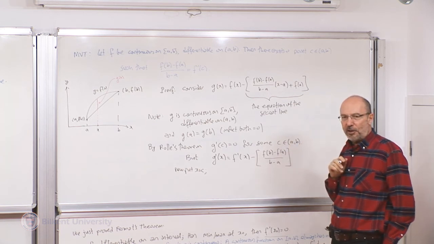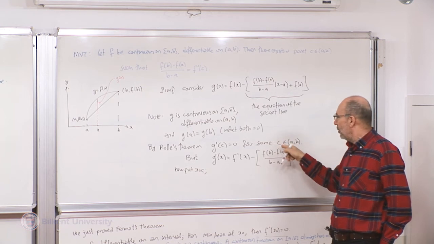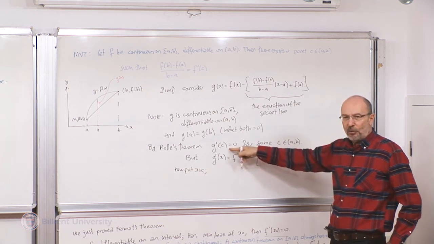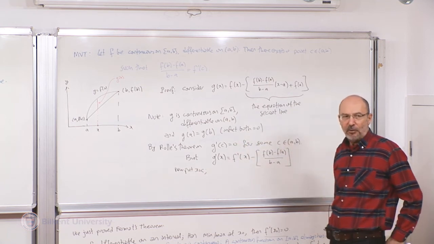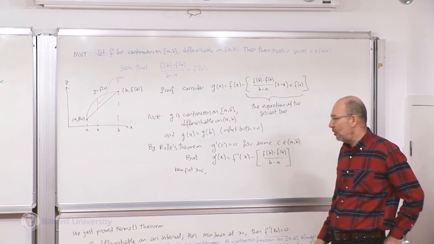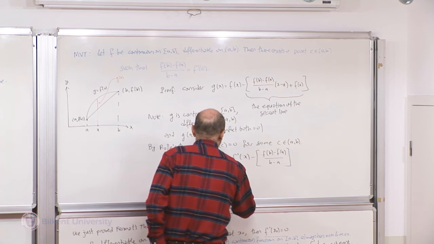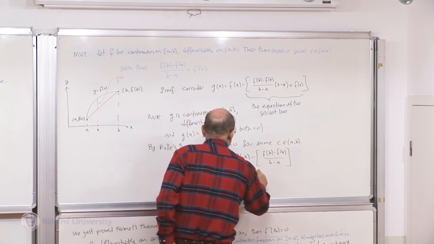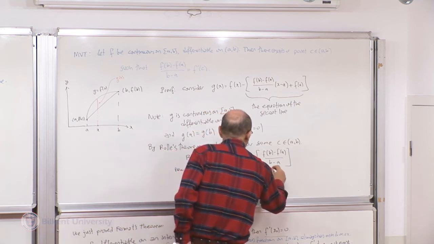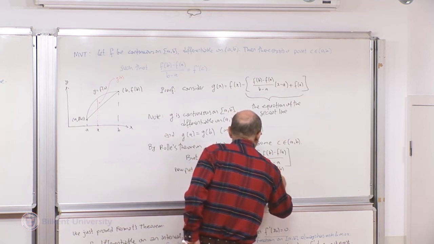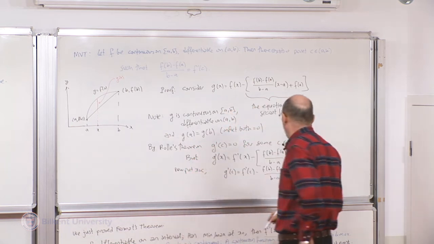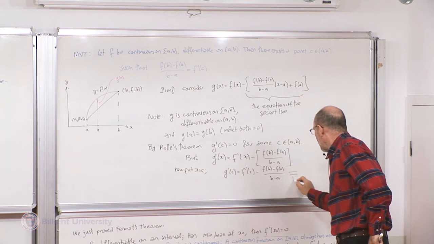This is the price you pay for these things. At some point, the derivative will be 0, but we don't know where. We only know that there exists a point where the derivative will definitely be 0. So when you put this in, you have g prime c equals f prime c minus f of b minus f of a over b minus a. Okay? So we know that this is 0.